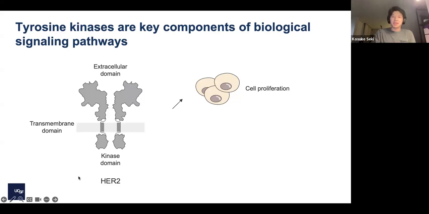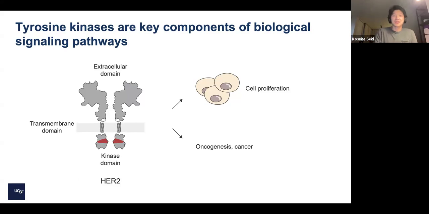But if you have small mutations in the kinase domain, here shown as a small red streak in the kinase domain, a small mutation can completely change the activity of this kinase domain and cause phenotypes like oncogenesis or cancer.